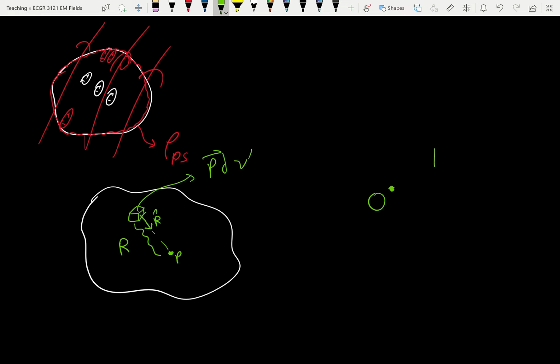Okay. Typically, if I have an origin, and I have a scalar field that's 1 over r, right? What's the gradient of 1 over r?